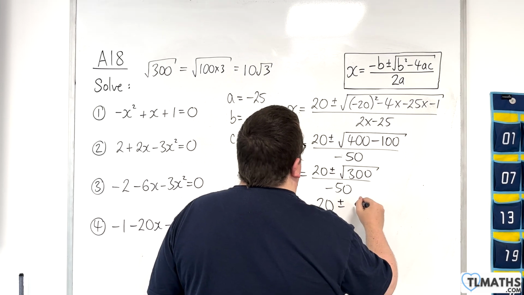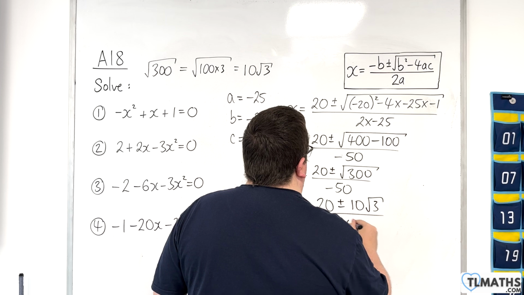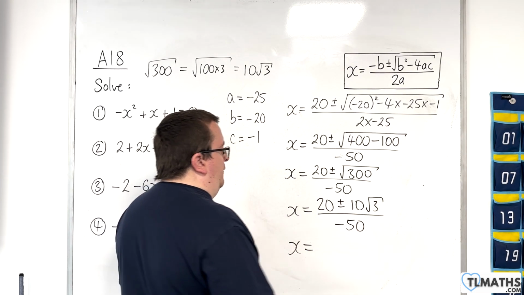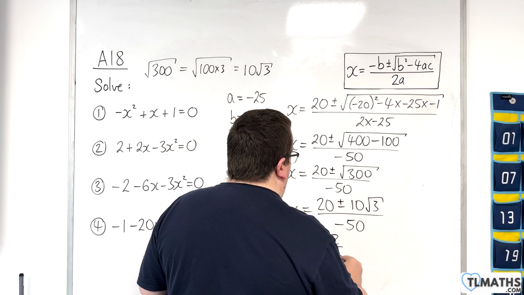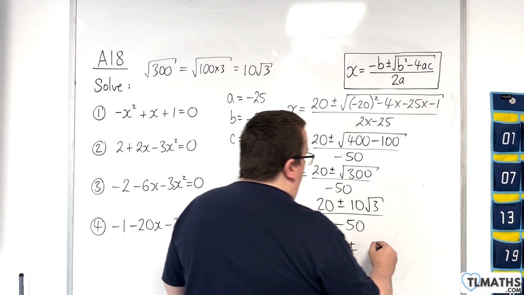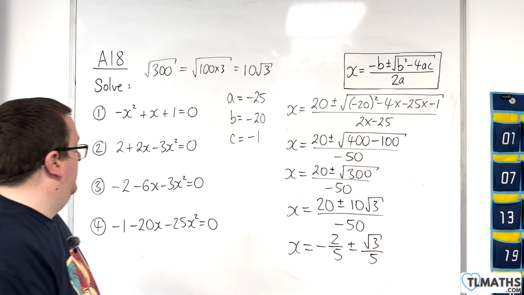So 20 plus or minus 10 root 3 over minus 50. So 20 divided by minus 50 is minus 2/5. Plus or minus 10 over 50 is 1/5. So root 3 over 5. And that's my answer to number 4.